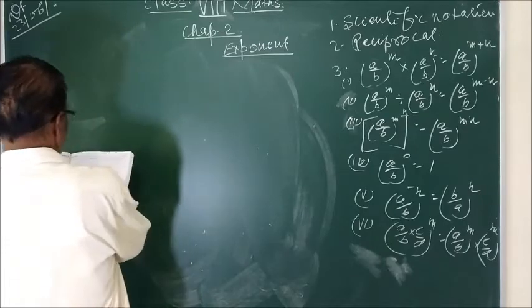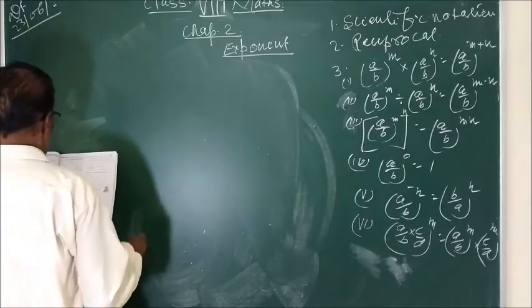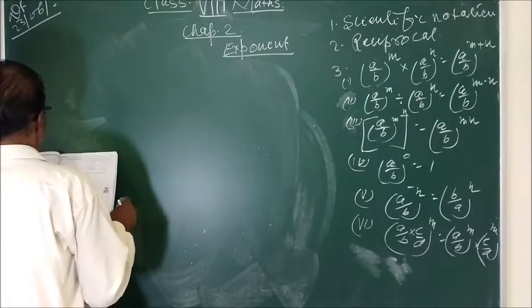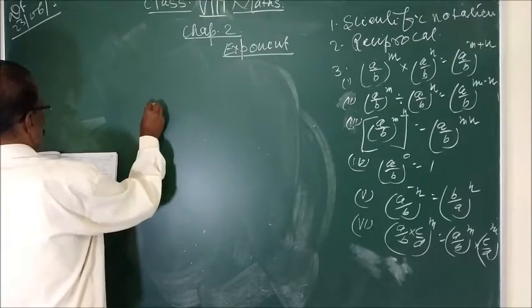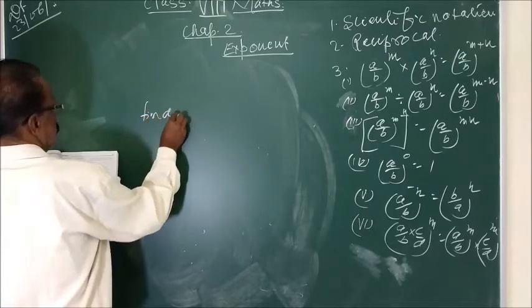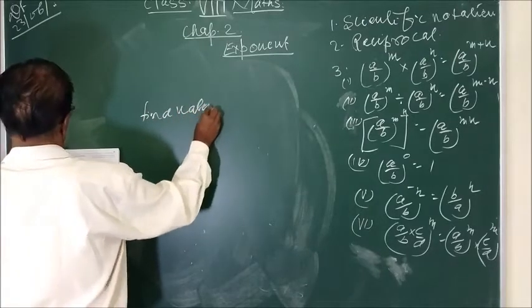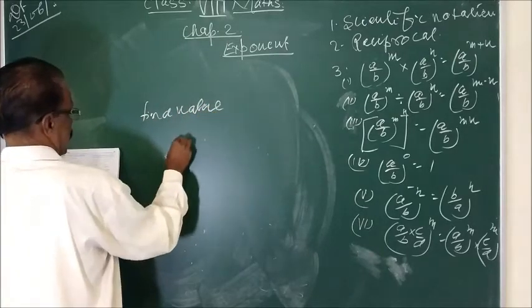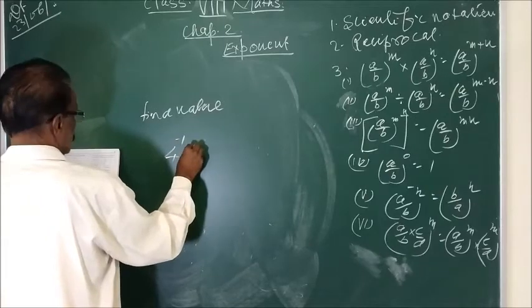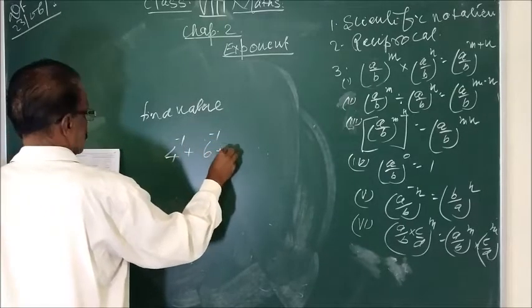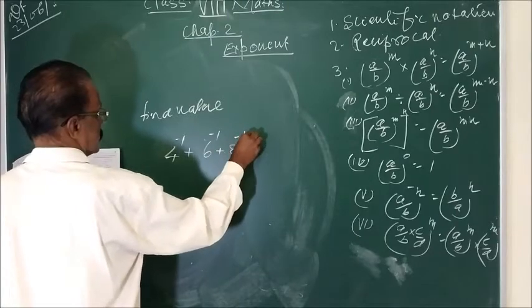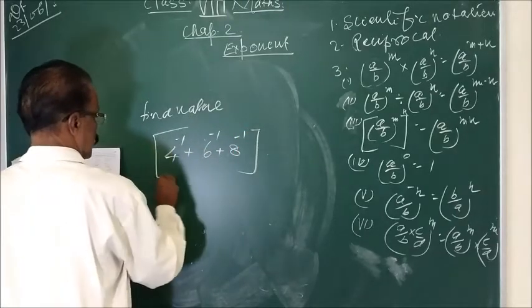One more question. Now you will see how you will find the value of one more question. 4 power minus 1 plus 6 power minus 1 plus 8 power minus 1, whole power 0.